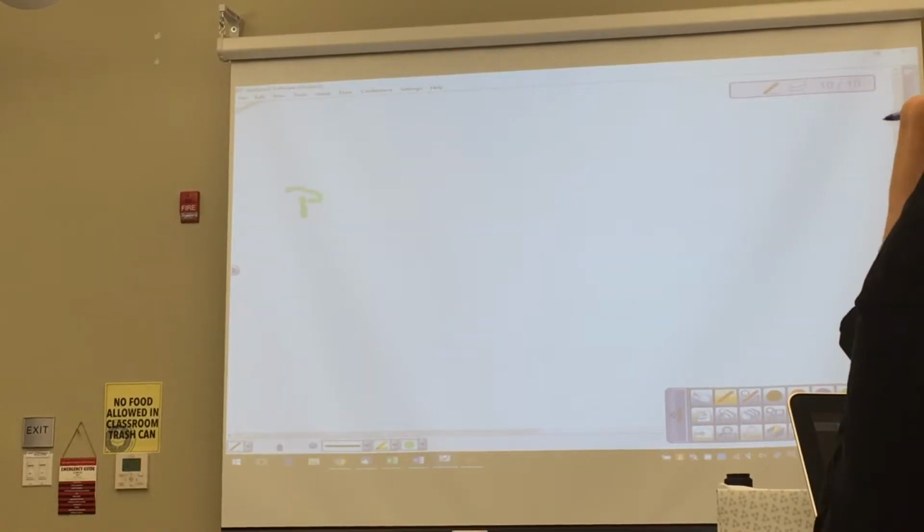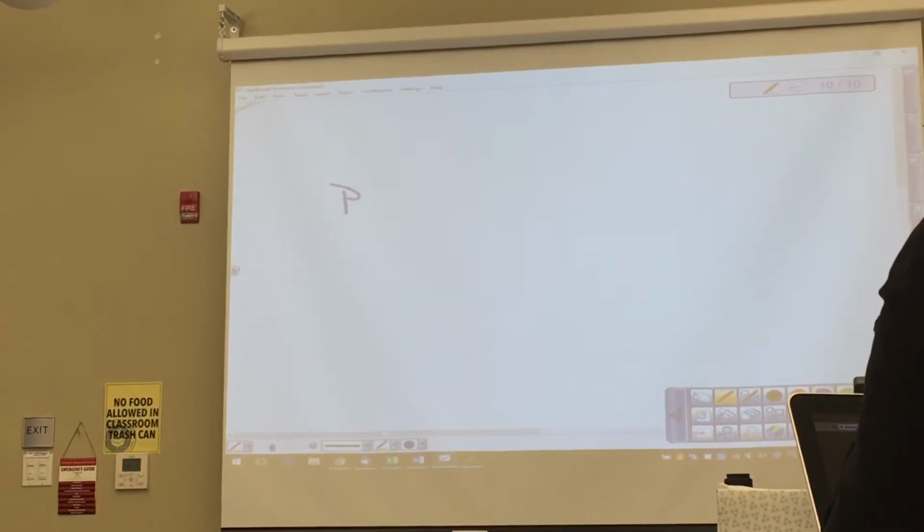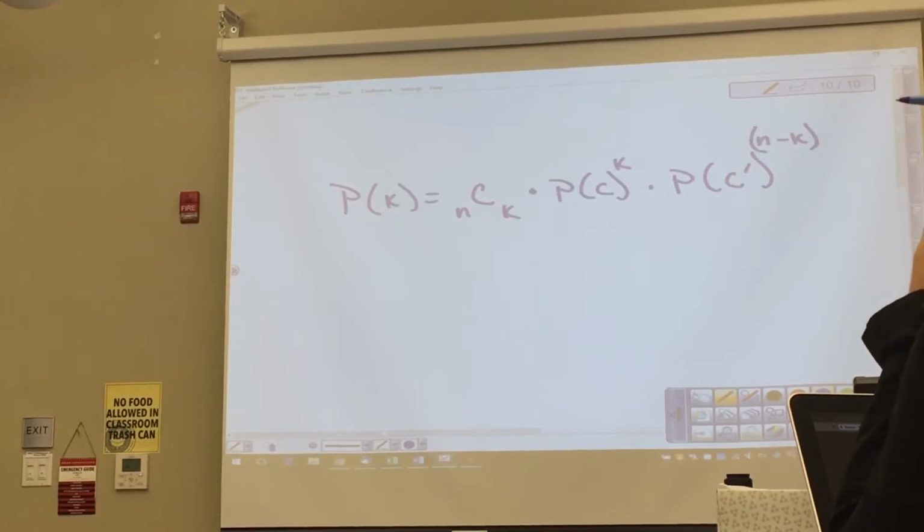Remember the formula for the binomial model is the combination of n things taken k at a time times the probability of being correct to the k power times the probability of being not correct to the n minus k power.